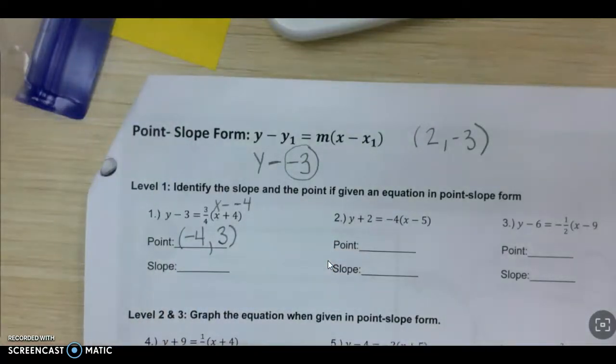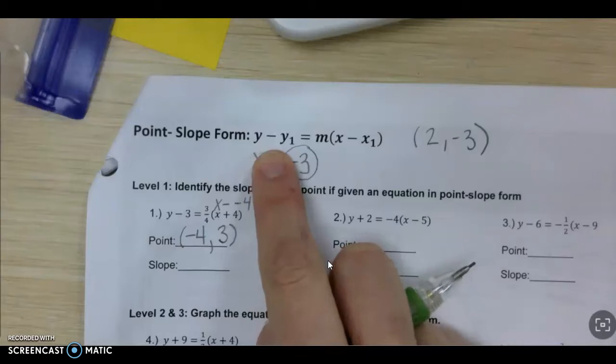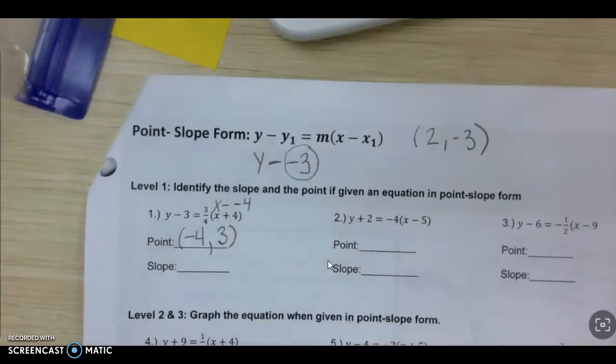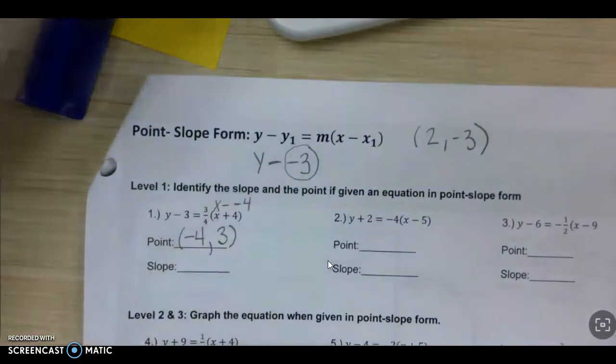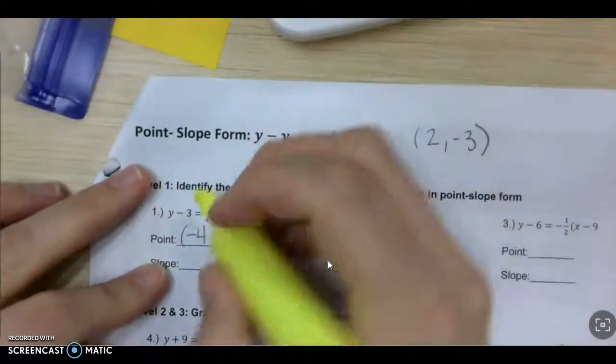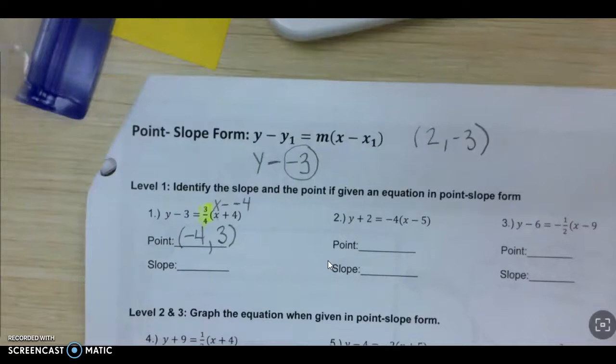So anytime you see a plus, the only way that that could have been a plus from this formula is if you did subtract a negative. The slope is much easier to pull out of an equation than the point. The slope is just the number in front of the parentheses here. So that 3/4, that's my slope.